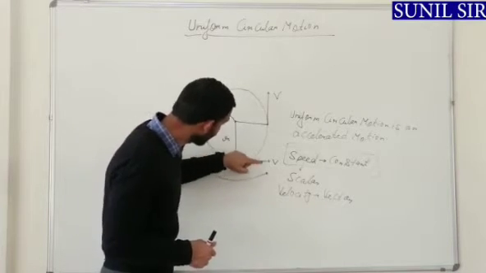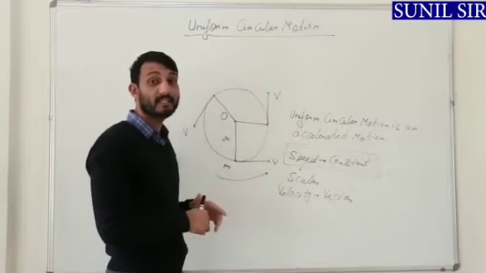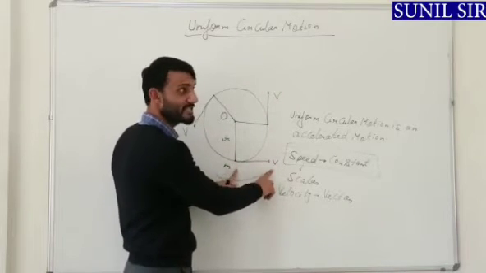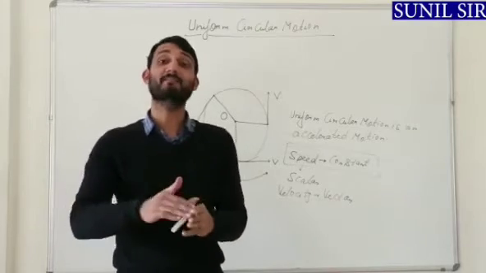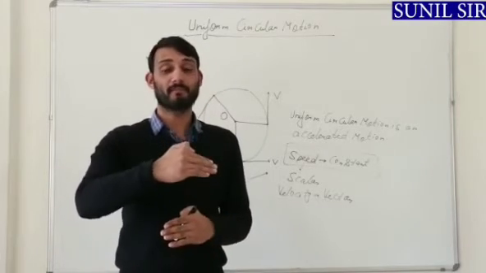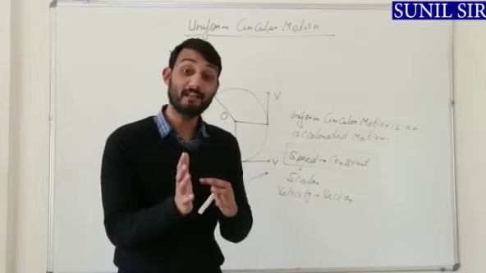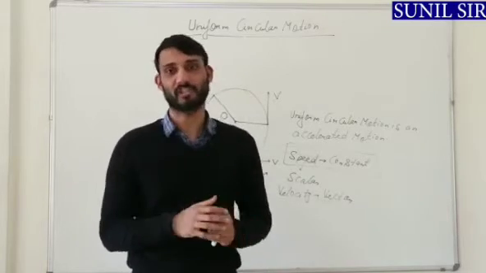What are these things giving us? These tangents are giving us the direction of the velocity. The direction of the velocity is along the tangent at that particular point.